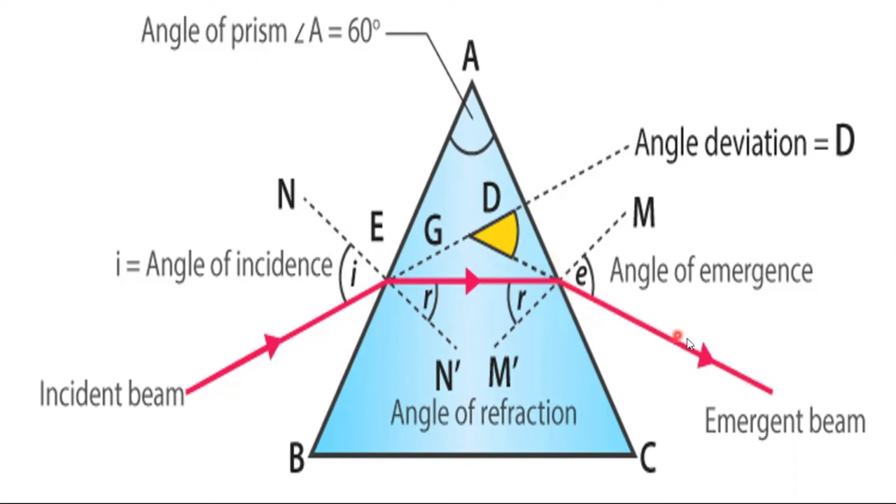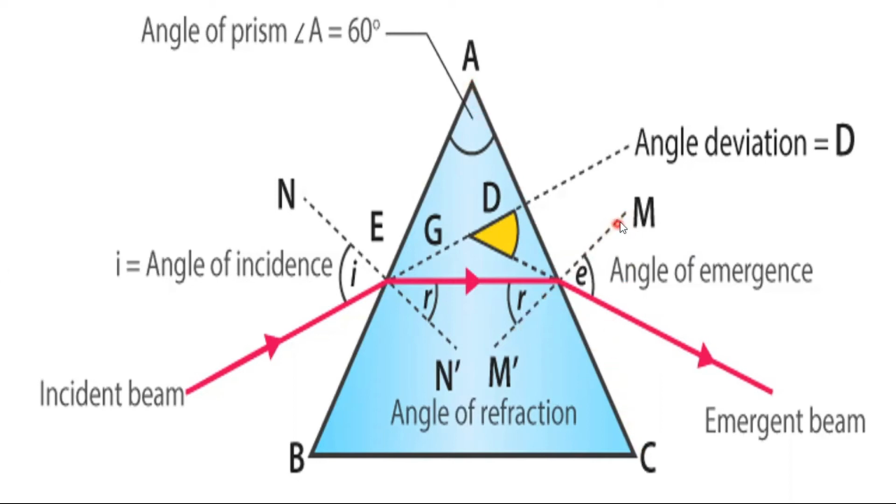This is the emergent beam. When it emerges out, this ray is making a transition from optically denser, that means glass medium, to optically rarer. That is why this ray is moving away from the normal. In this case our normal is MM dash, which is the normal for this face AC.